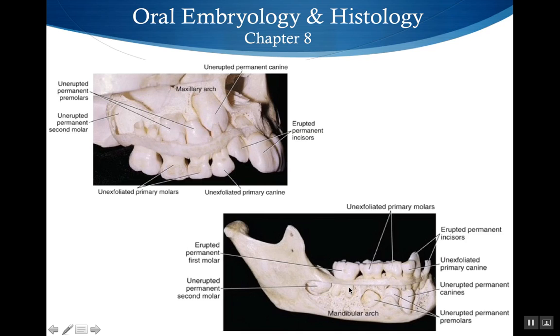It's important to note that there are no primary teeth in the position of our first, second, and third molars. Okay, so the primary teeth stop at where our permanent premolars are. So there's no baby teeth where our permanent molars will erupt.